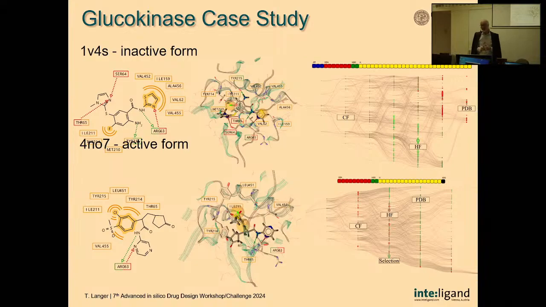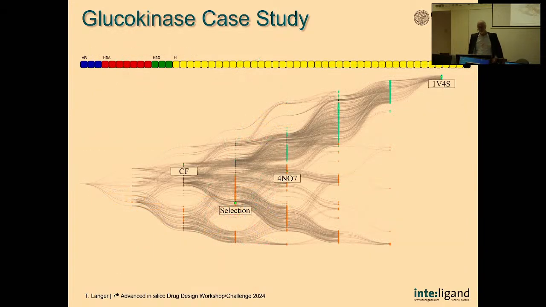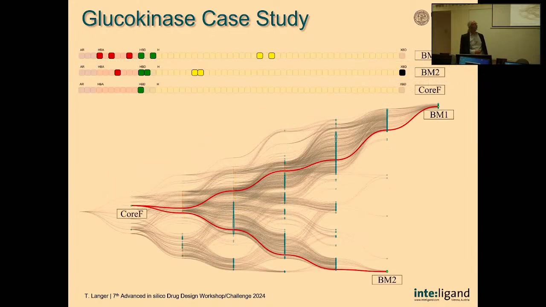So this is the way to take advantage of these MD trajectories in a very directed way. Yeah, so again here, you see colored now the pharmacophores for one and for the other set. Again, a little bit more visible.